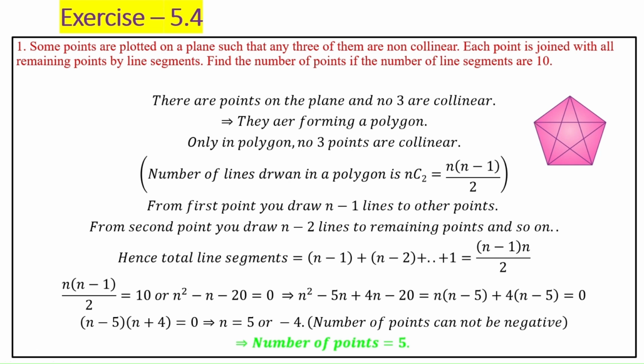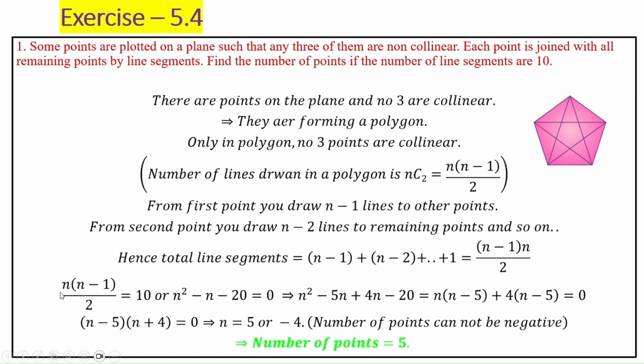So in total you get n minus 1 plus n minus 2 up to 1. Basically that's the number of lines you can draw with n points. This is nothing but the sum of the first n minus 1 integers, which is equal to n minus 1 into n by 2, which is the same as nC2.